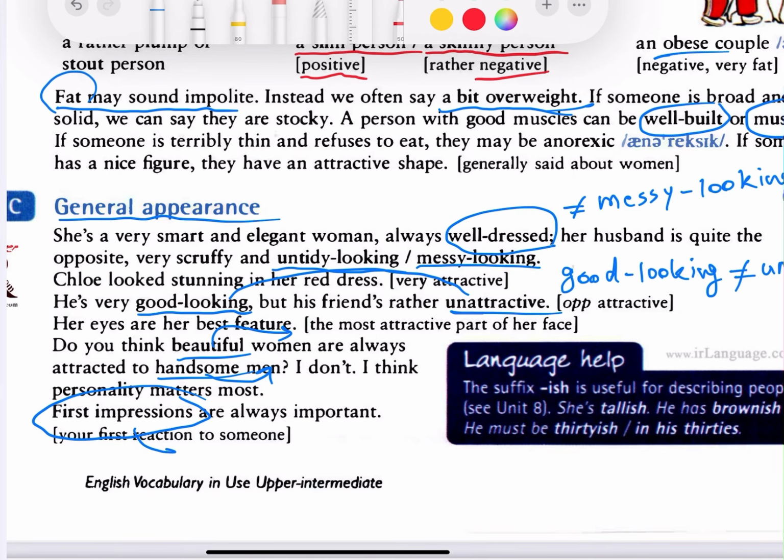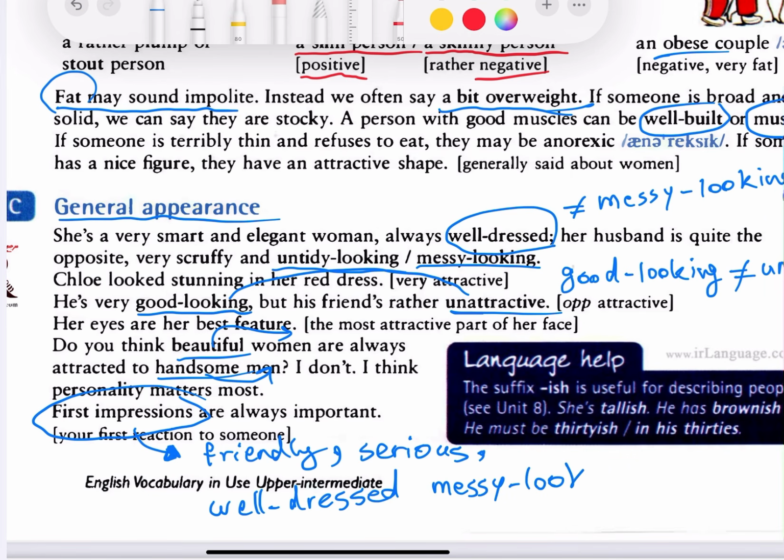Maybe they look friendly, or maybe they look serious, or maybe they look well dressed, or maybe they look messy looking. So that's the meaning of first impression.